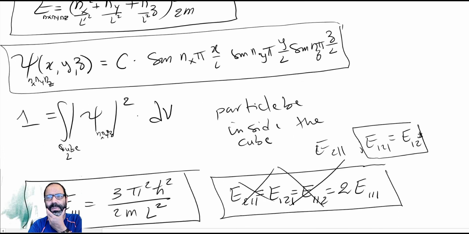So every time I change these numbers, the energy levels are completely different from one another, and each and every one of them will correspond to its own wave function. And now there is no degeneracy. Every energy level has its own one wave function. End of the story, period.